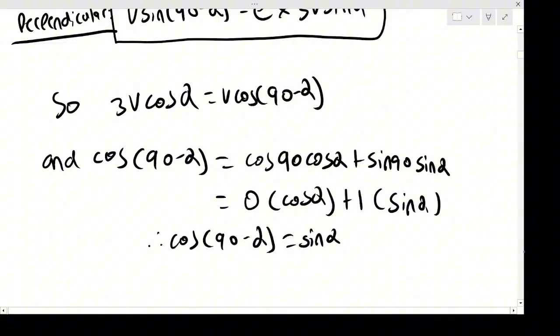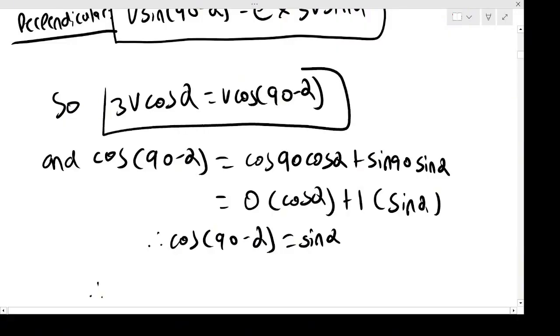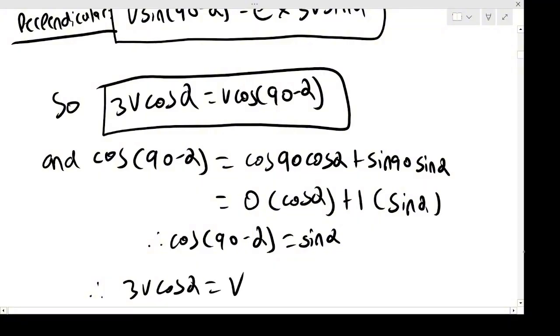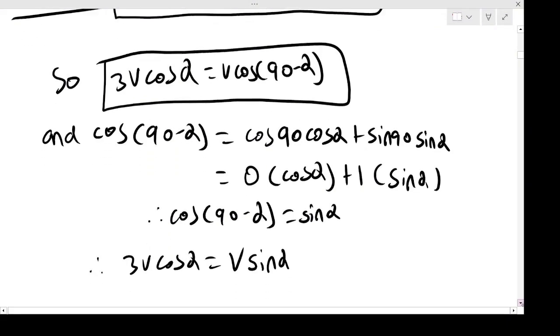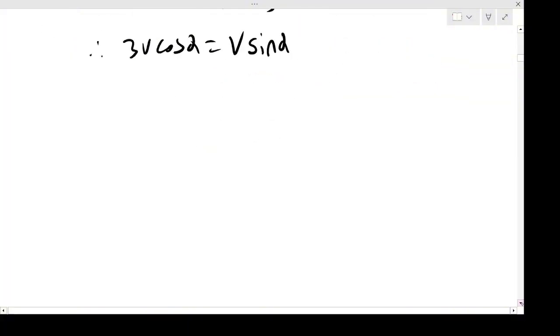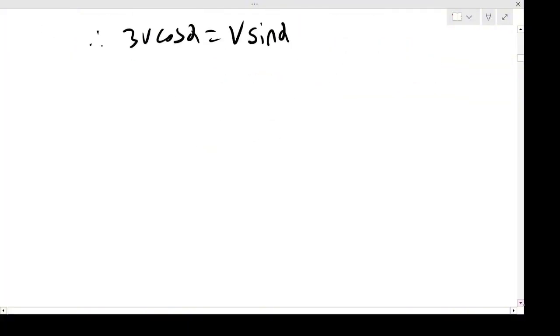So if cos 90 minus alpha is sine alpha, if I substitute that in here, that means 3v cos alpha is going to be v cos of 90 minus alpha, or v sine alpha. Hopefully happy with this. And so then I can get rid of the v's.